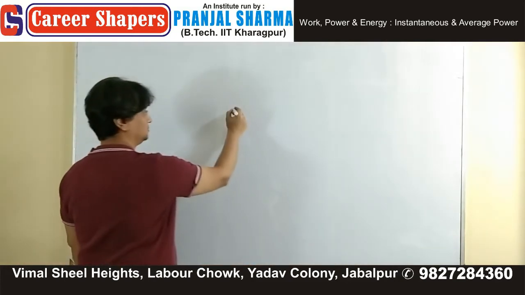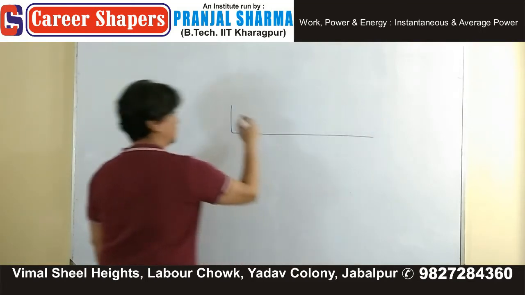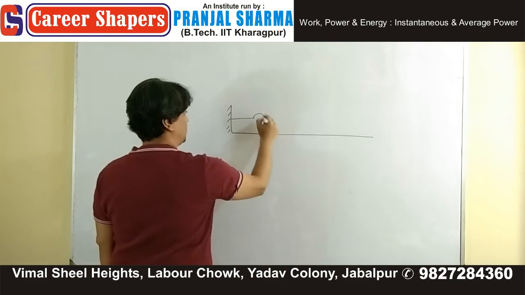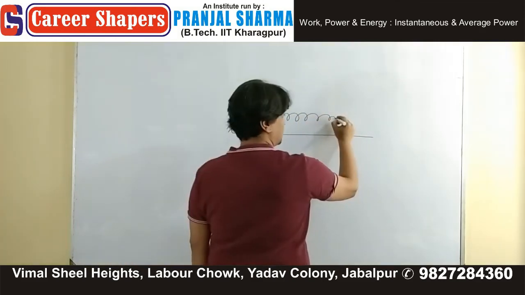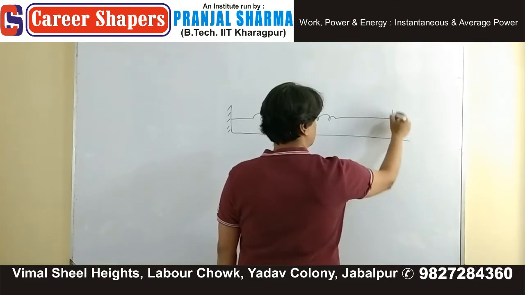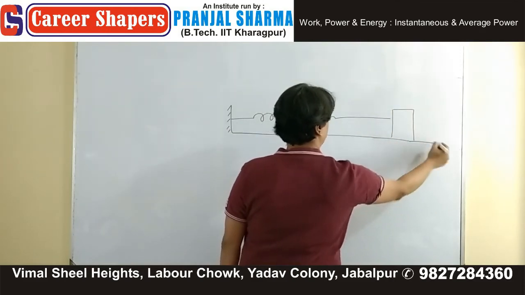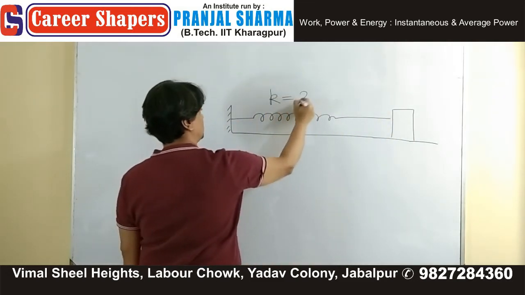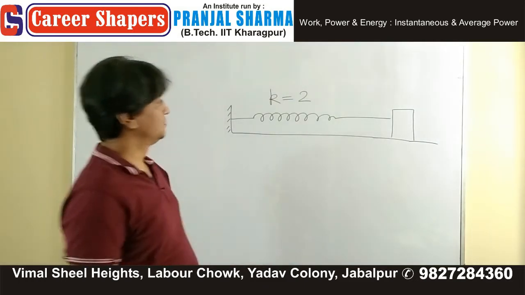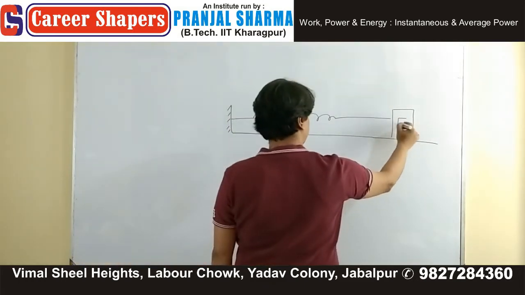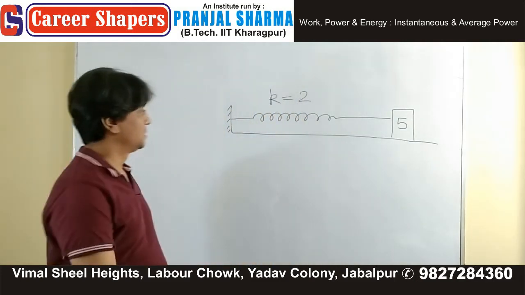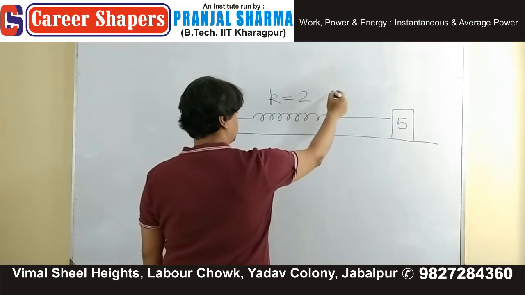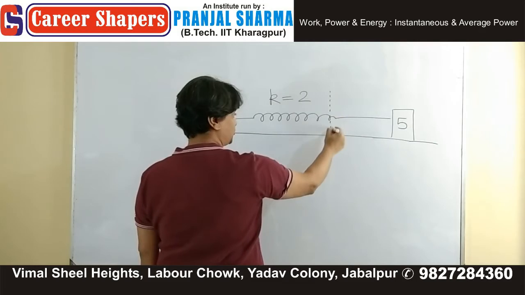Look at the question. A block is attached to a spring of force constant K is 2. Mass of the block is 5 kg. And the important thing is, this is the natural length.